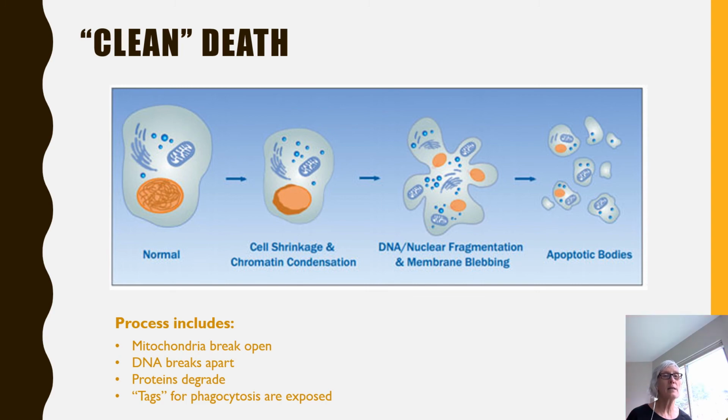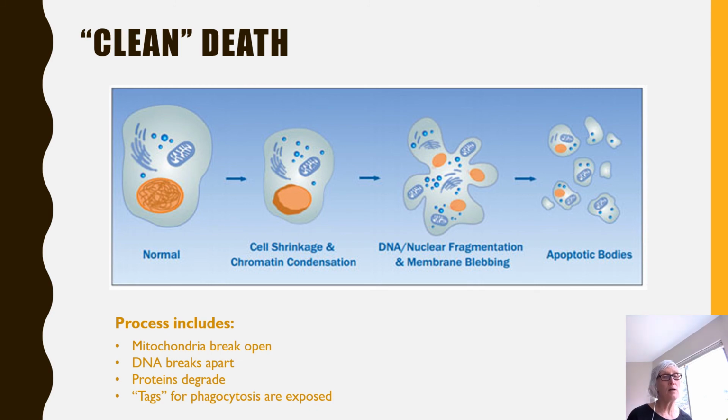Apoptosis is a clean death because, as I said, cells are digesting themselves essentially from within. You can see in the little cartoon image at the top that if a cell is undergoing apoptosis, the first thing that happens is the cell begins to shrink and the DNA, labeled here chromatin, starts condensing. The DNA will ultimately start breaking apart, fragmenting into little tiny pieces.